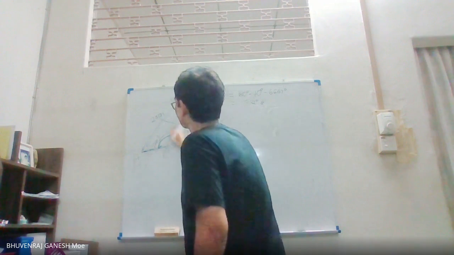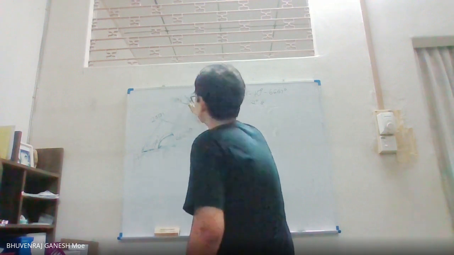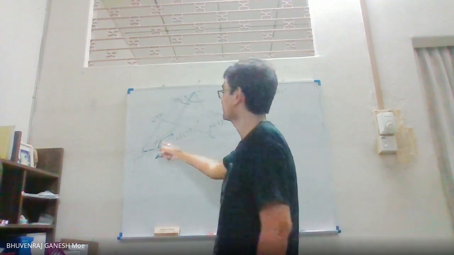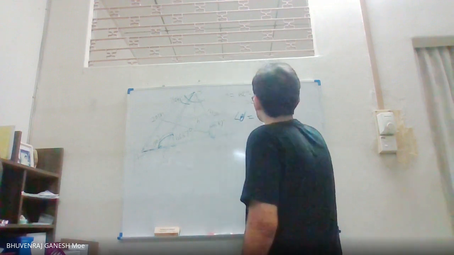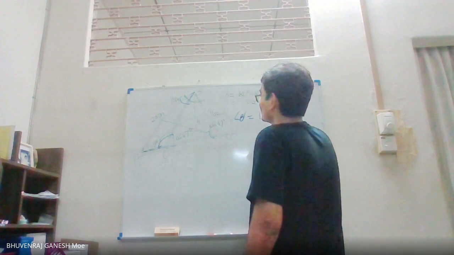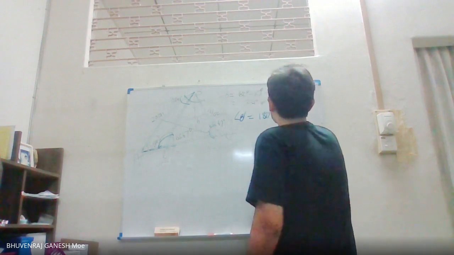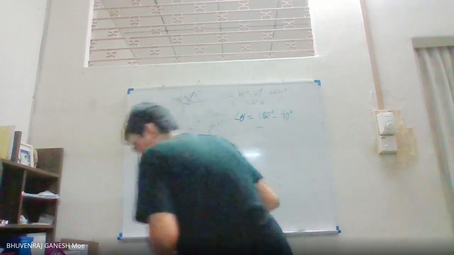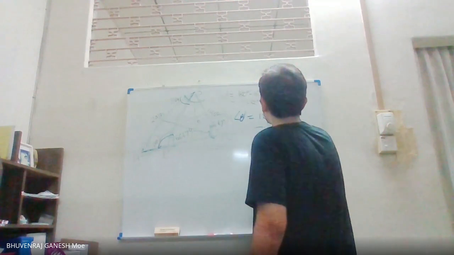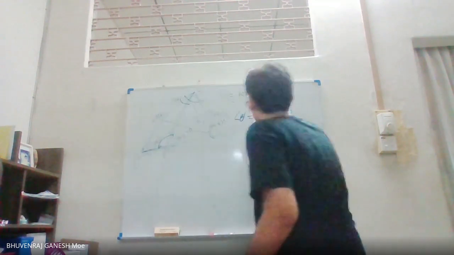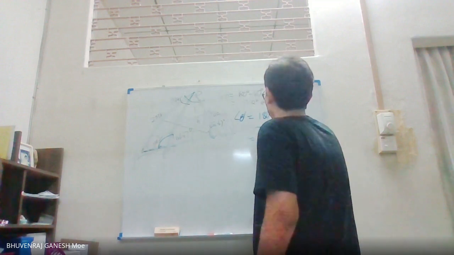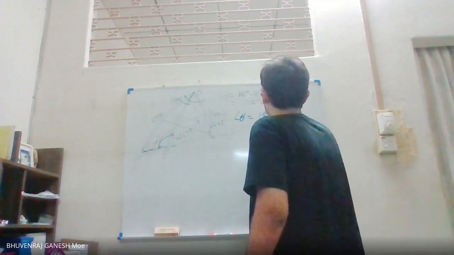And then you focus on this triangle again. Angle B is this one. We already have this, right? We already found earlier. So now angle B prime, 180 minus 40 minus 113.32. So you will get 26.68. And that is the question.